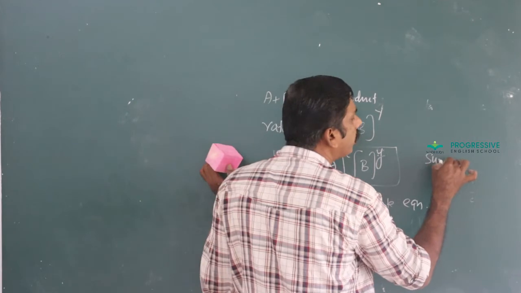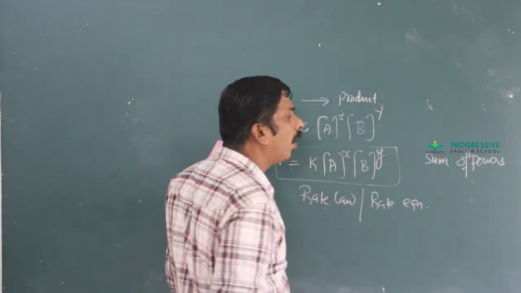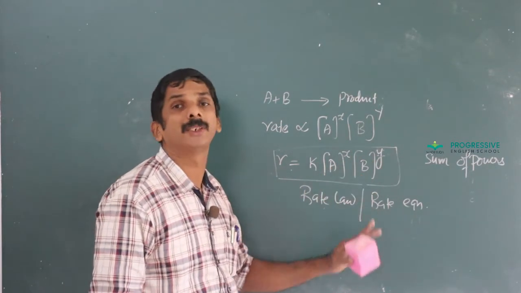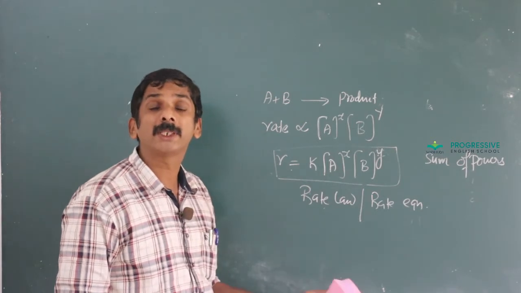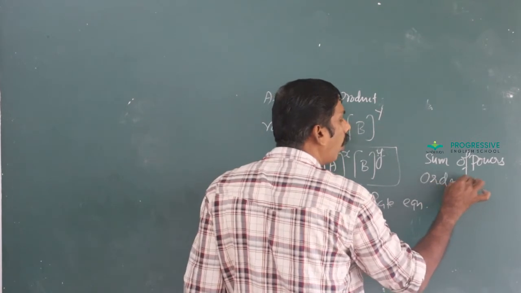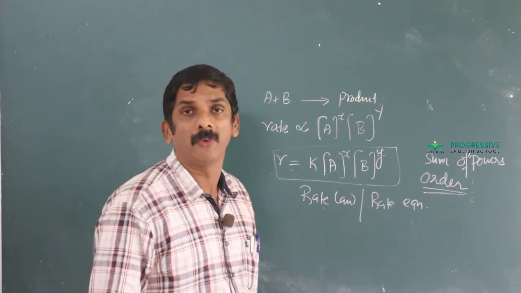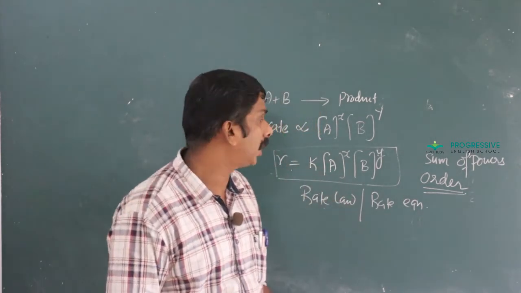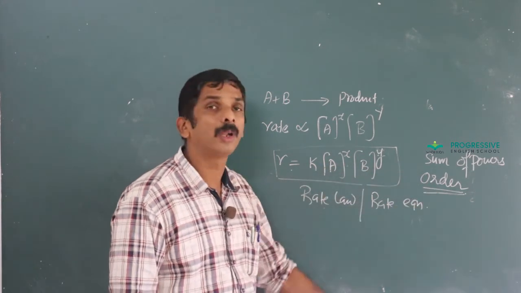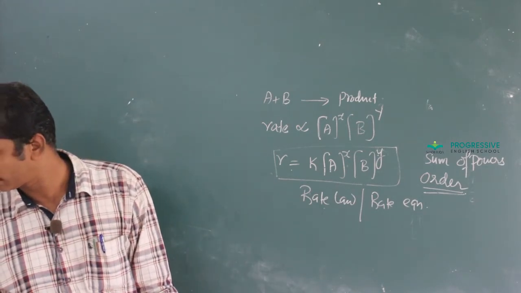The sum of the powers of reactant concentration expressed in the rate equation is called the order of the reaction.